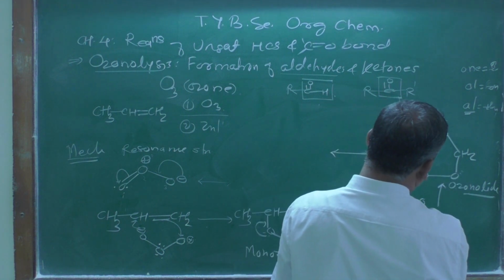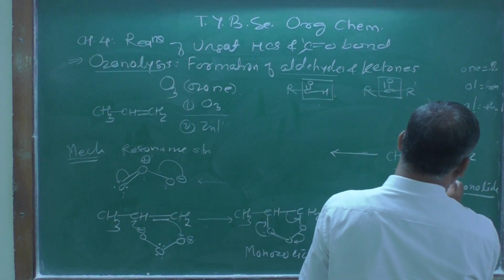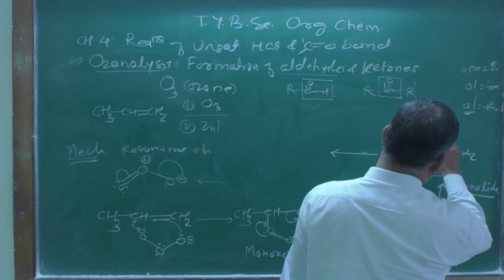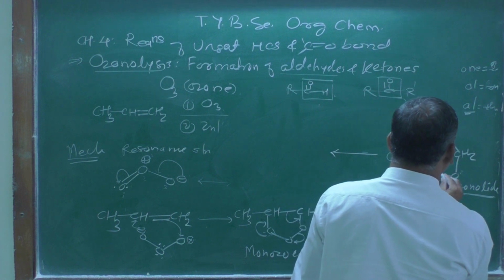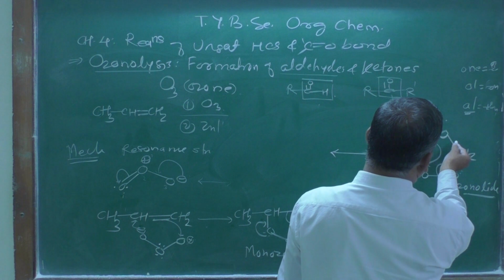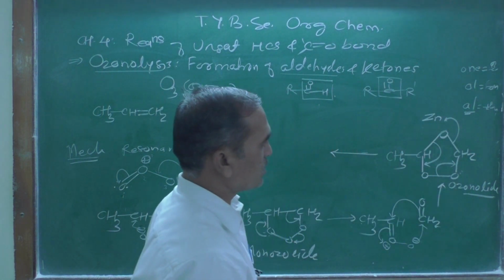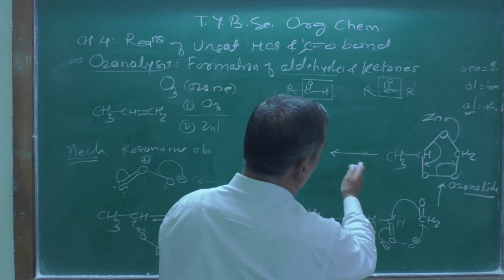What is going to happen now here? Now this bond is breaking, forming a double bond here, and this bond forming a double bond here, and this oxygen atom goes with that zinc as zinc oxide, and metal always carries a positive charge. And what do you get here?